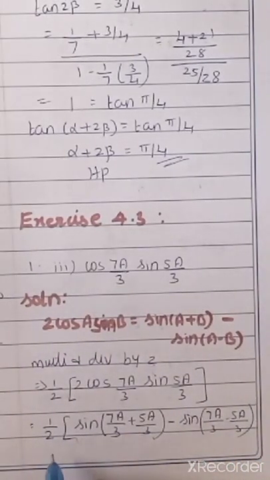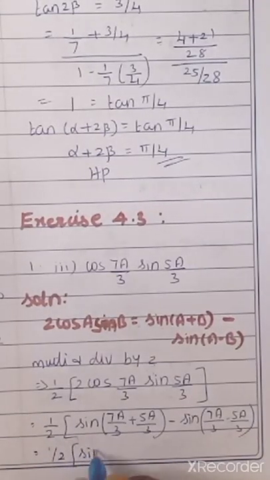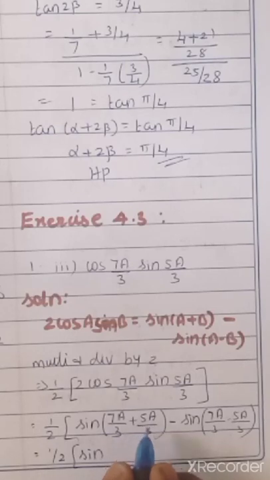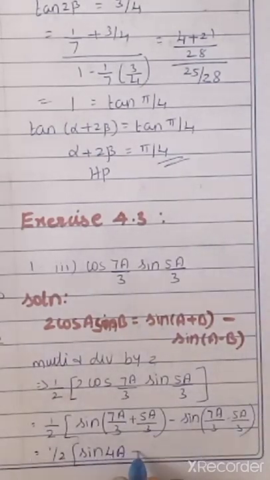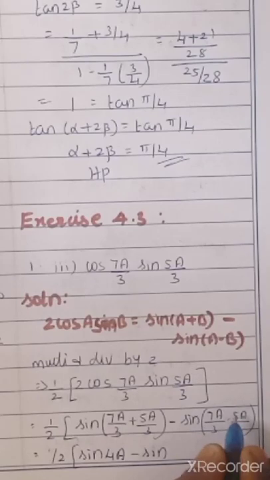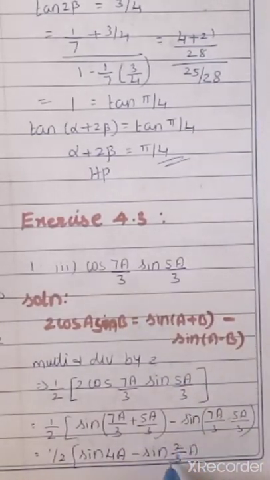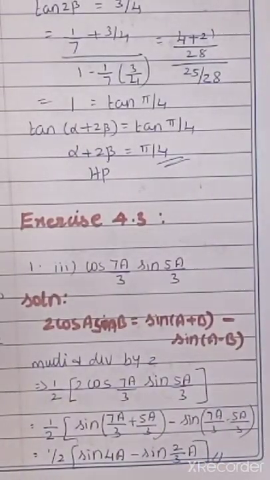This equals 1 by 2 of sin of (7 plus 5) by 3, which is 12A by 3, so 4A. So sin 4A minus sin of (7 minus 5) by 3, which is 2 by 3. We can't cancel. Sin 2A by 3 is your final answer, so the result is 1 by 2 [sin 4A minus sin 2A by 3].